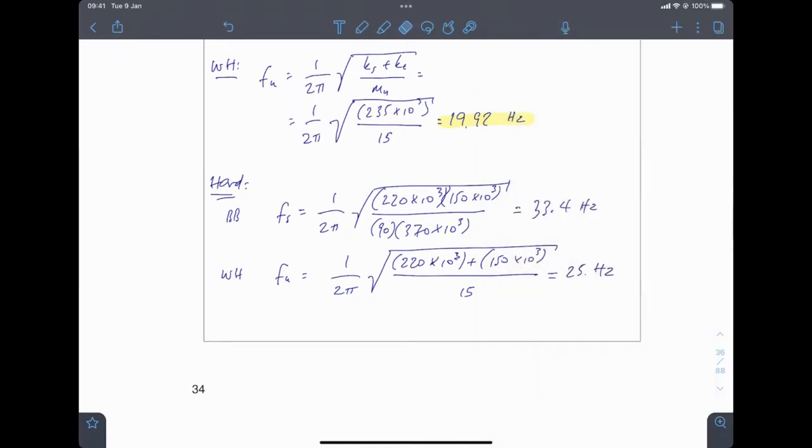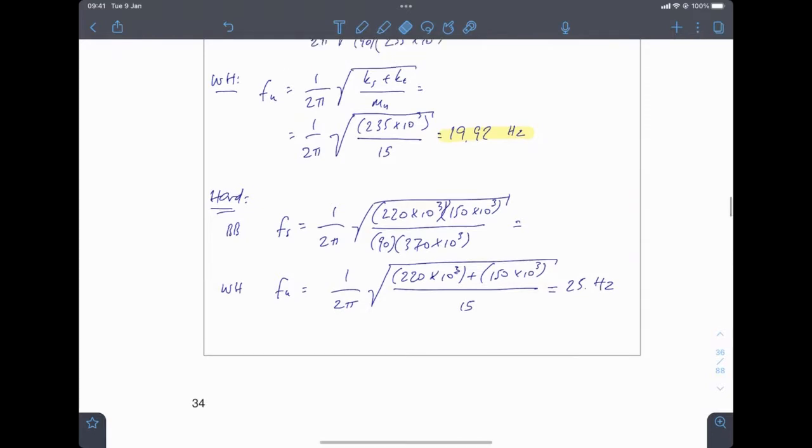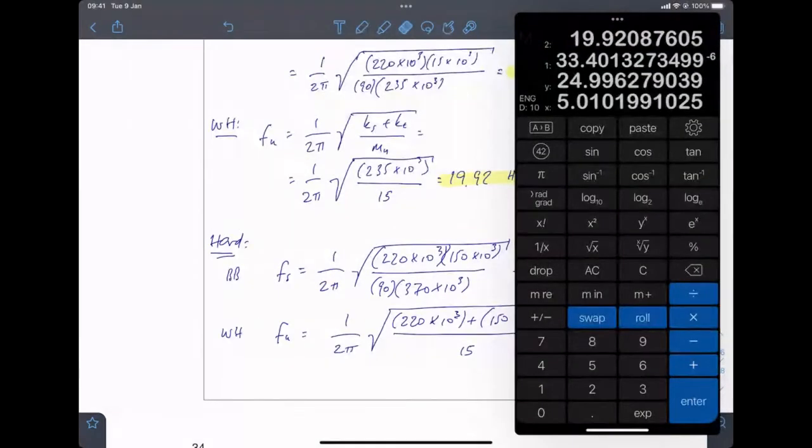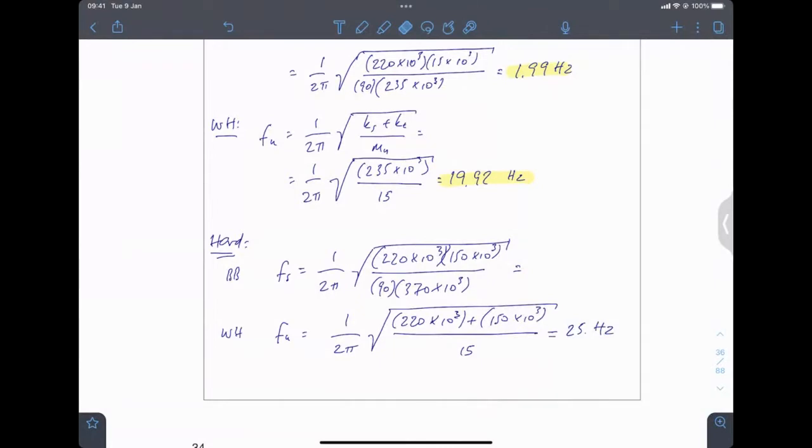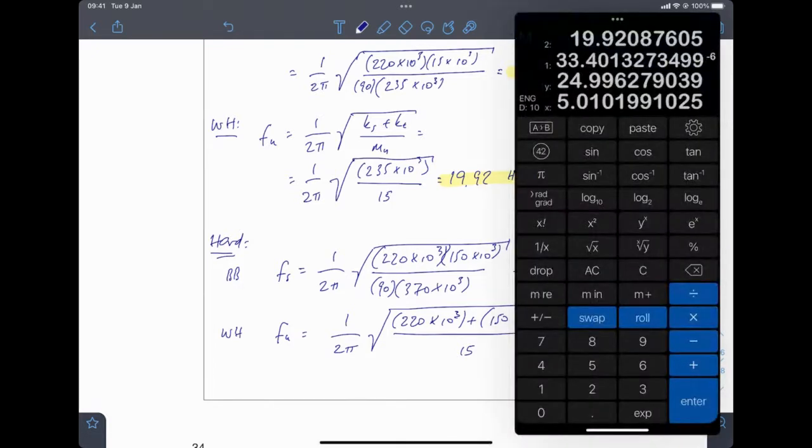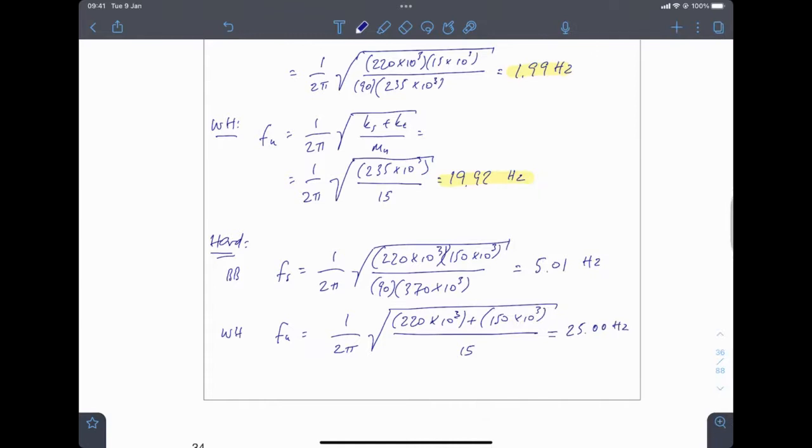That should be the equations, right? The answer's 5 hertz. I was thinking it was a bit high. Okay, so those are the two solutions to that.